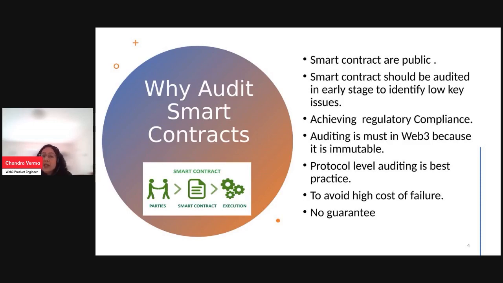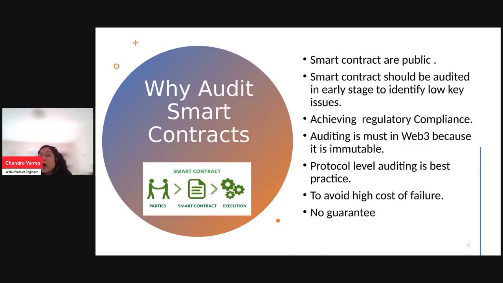Auditing is a must in Web3 because it is immutable. If a bug is seeded in the early stage, and it's not properly audited and fixed, it goes a long way. We have seen in recent years it can be catastrophic. So audit is a must. When should audit start?